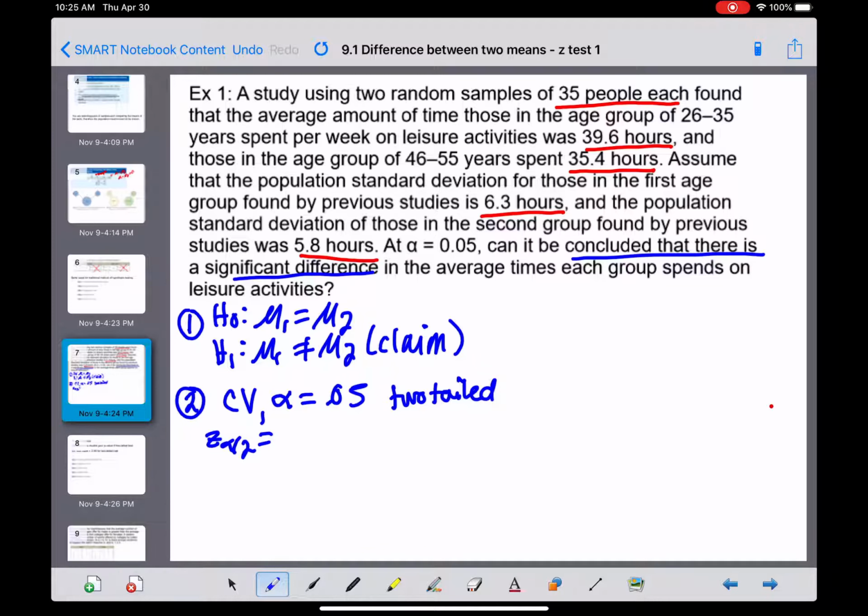You look for 0.025 in the z table, or you look in the t distribution. For two tails, or 95%, that's the third column in your t distribution. All the way at the bottom, you see 1.96. So our critical value is plus or minus 1.96.